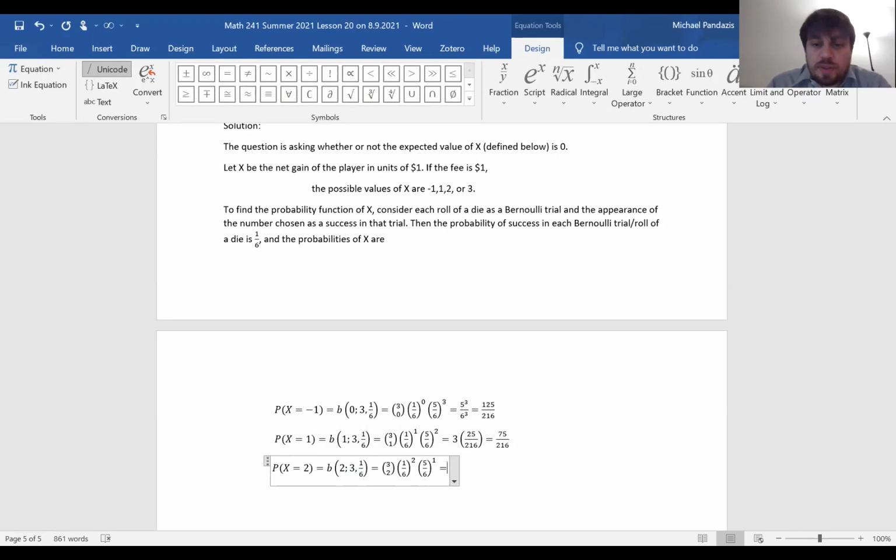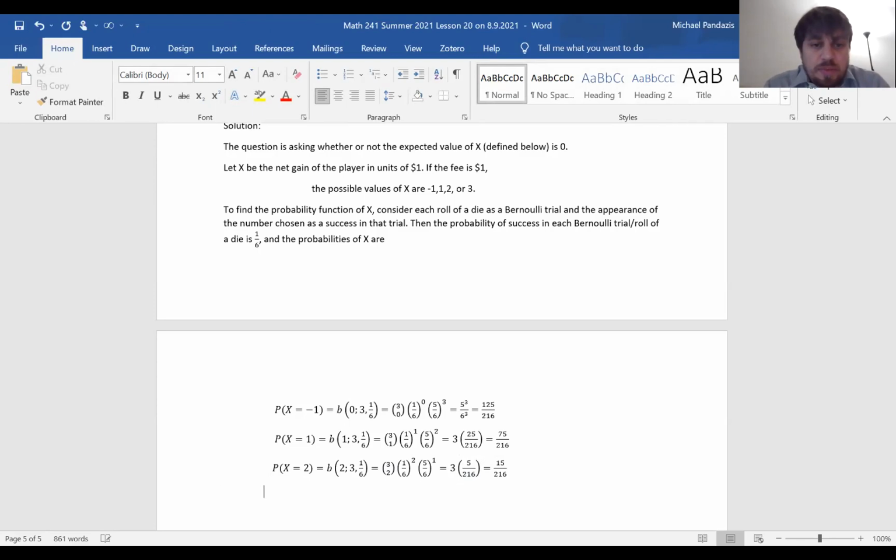And so 3 choose 2 is 3 times 1/6 squared times 5/6 to the first. So you get a fraction 5 over 216 here. And so then that's equal to 15 divided by 216.